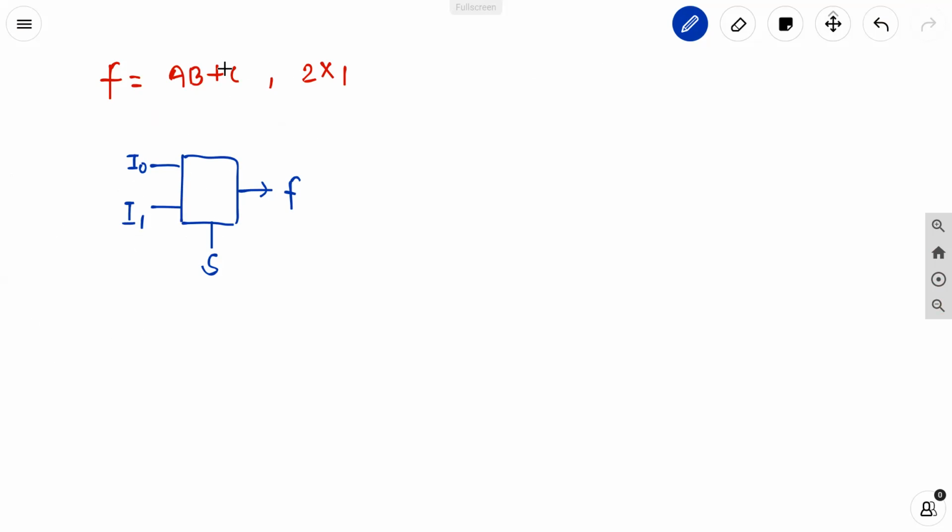If I am taking A as the select line, then our table will be like this: A complement and A. This corresponds to I0 and this corresponds to I1.